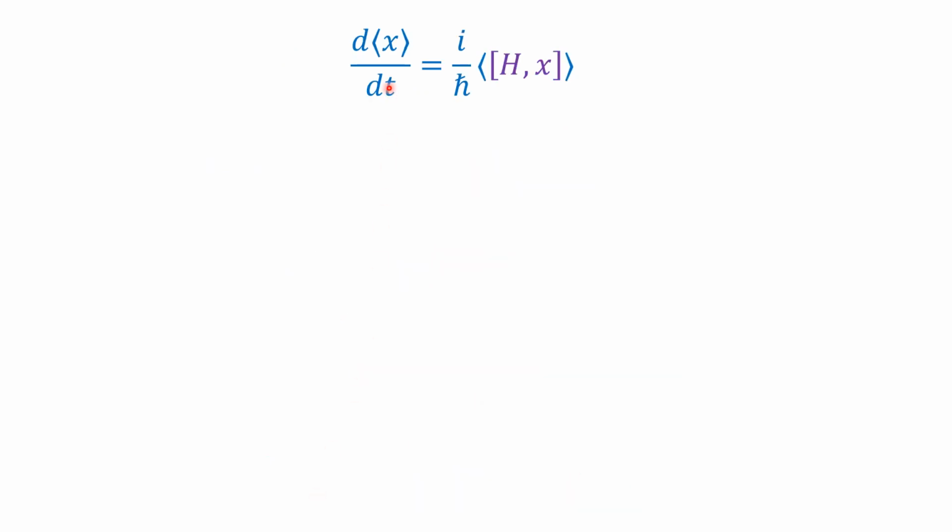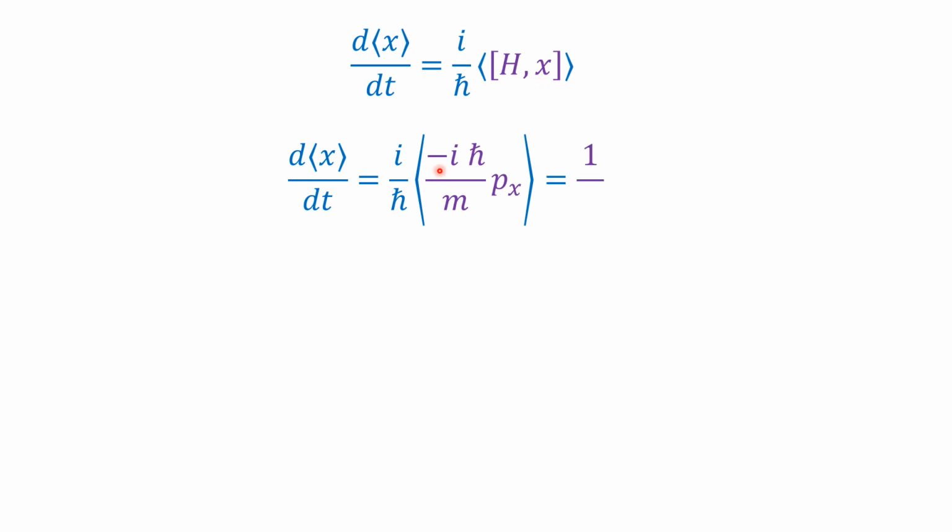So by definition, the time derivative of the expectation value of x is equal to i over h cross times the expectation value of the commutation of H with x. Just now we have seen the commutation between H and x, which is equal to minus i h cross over m px. I am replacing this by this.